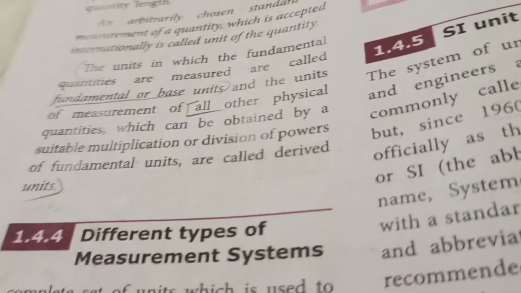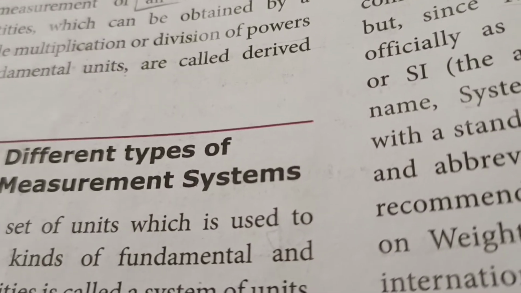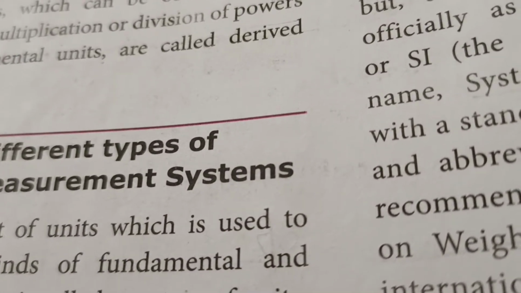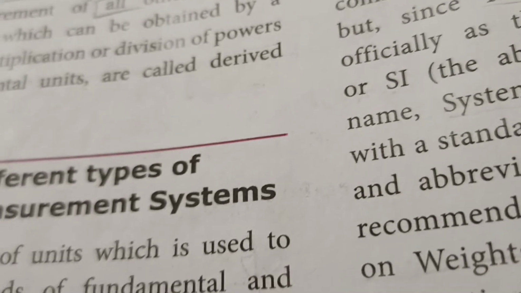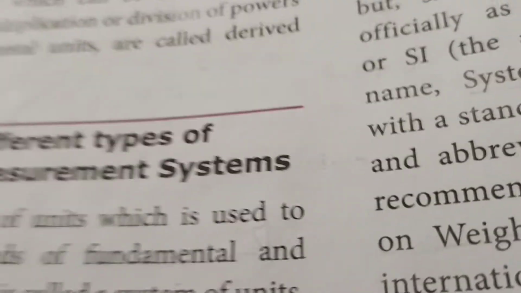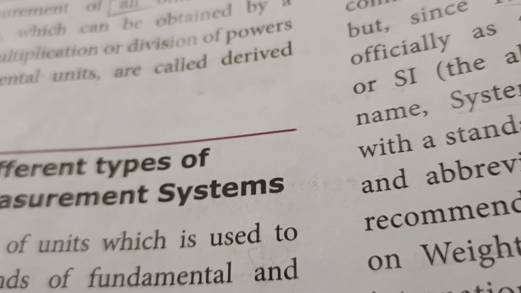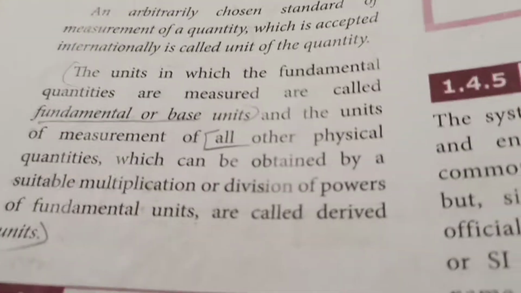How do you measure it? First, you take 1 meter, then you measure 10 times that 1 meter. So that 1 meter is the unit of the quantity, that is length.